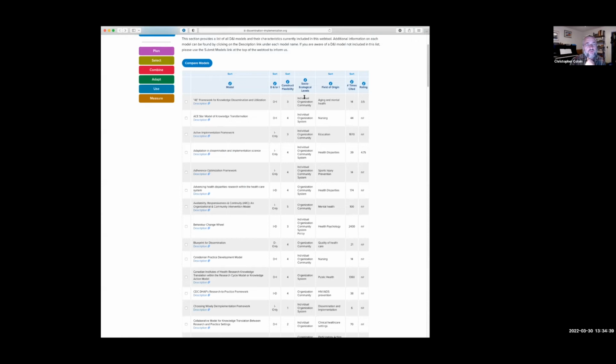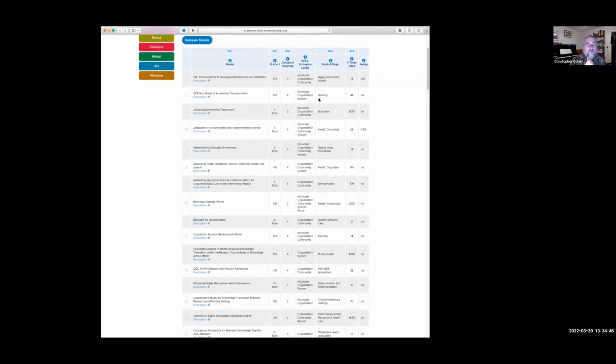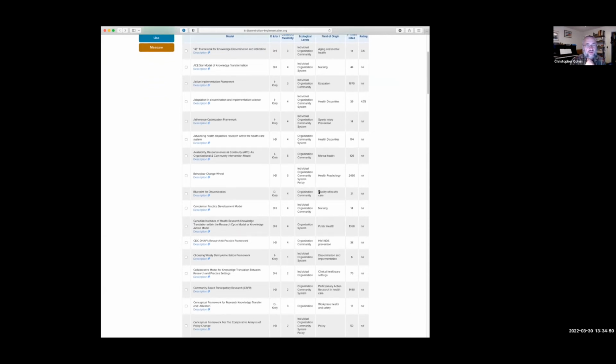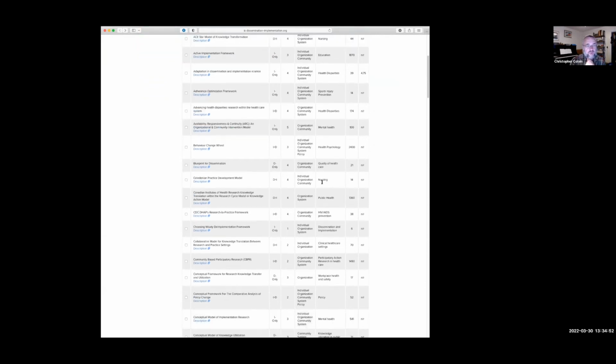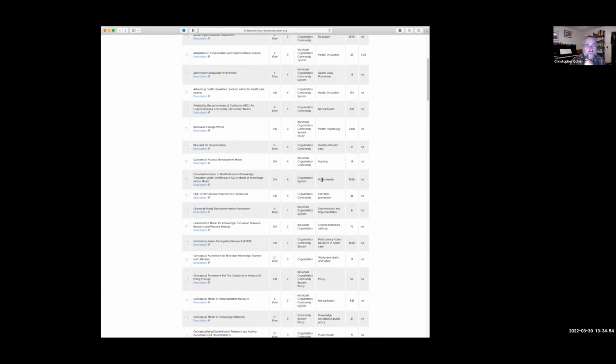You'll see which part of the socio-ecological model it looks at, and then what field it comes from. Some of these are quite specific: sports injury prevention, health psychology. Some of them more general, like public health, participatory action research, policy.